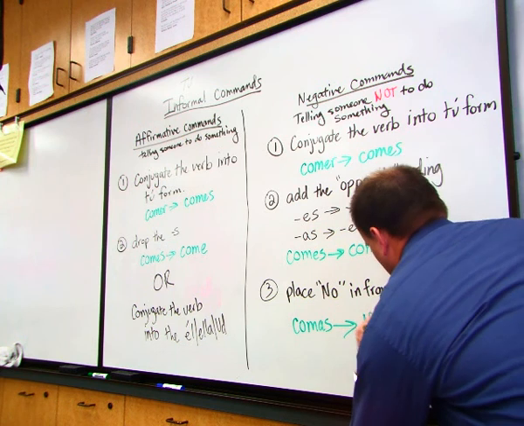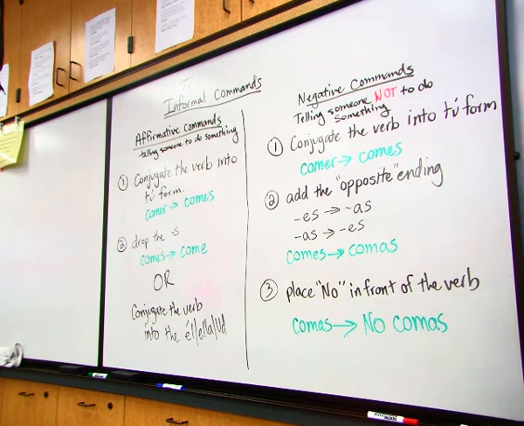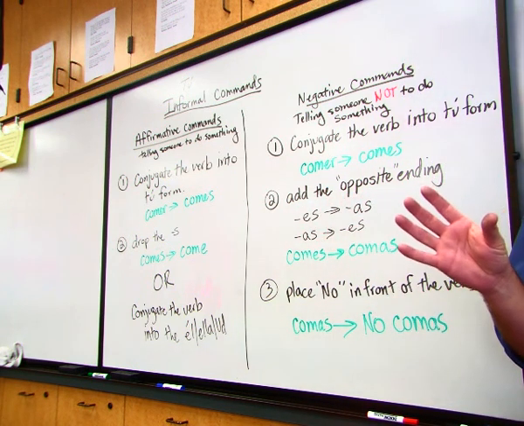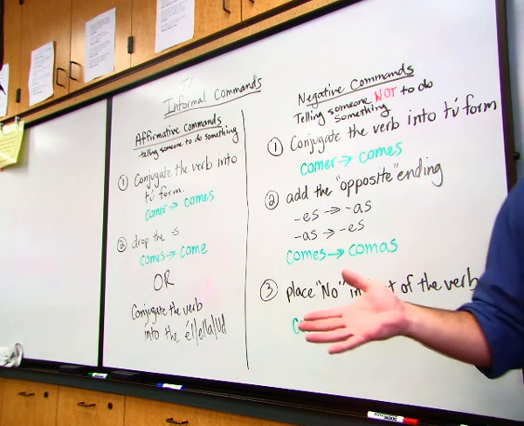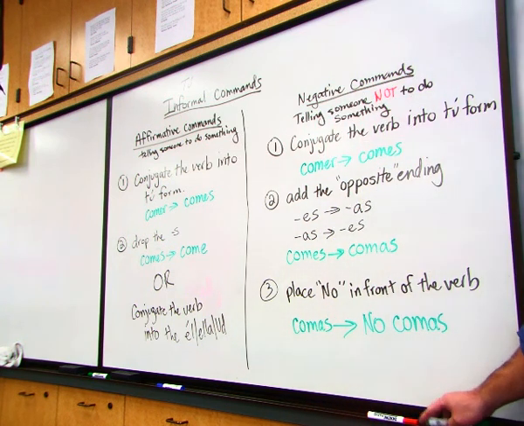I'll explain that. That's a great question. The reason why is that no comes is not a command. You wouldn't be using the command form at all. It would just be like no eating.